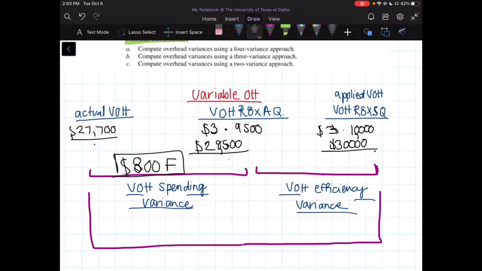Then next, for our efficiency variance, we're going to be subtracting the 30,000 from the 28,500. That gives us $1,500.